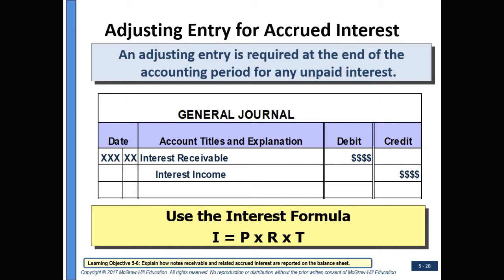After you calculate that, you would come up with the amount of interest that is owed to the organization and that was earned by allowing somebody to borrow that amount for this specific period of time.